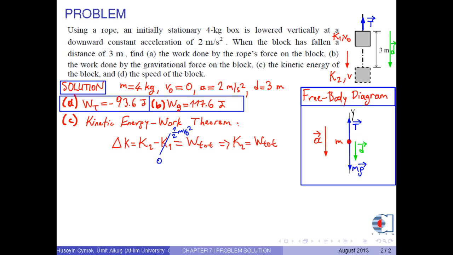Therefore, the final kinetic energy is equal to the total work. Since the total work is the sum of the works done by each force, with the numerical values, we obtain the kinetic energy of the block when the block has fallen a distance of 3 meters as 24 joules.